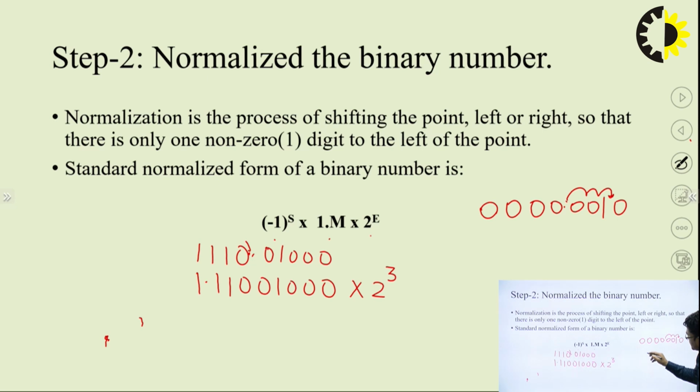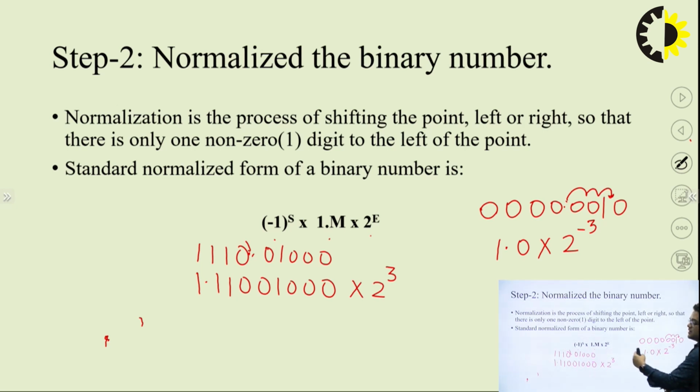So if we shift the point like this, we will have the number 1.0, because we can remove all these zeros towards the left. If you want to write them, you can, it's not a problem. And we need to multiply with 2 raised to the power minus 3 in this case, because we are shifting our point to the right side.